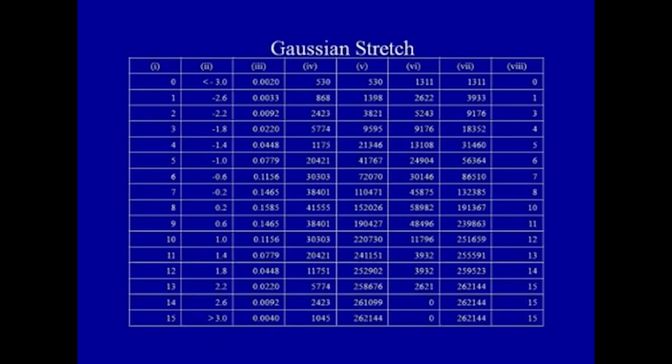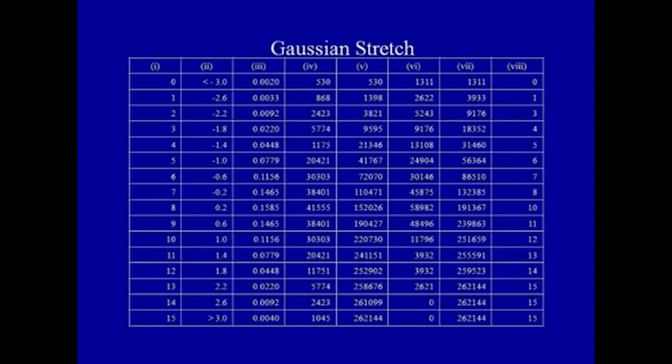Similarly, for brightness level 1, the standard deviation factor is now minus 2.6, corresponding to which we get the probability factor as 0.0033 and we multiplied this by the total number of points, which yields that a Gaussian histogram having frequency brightness level 1 will have 868 points.